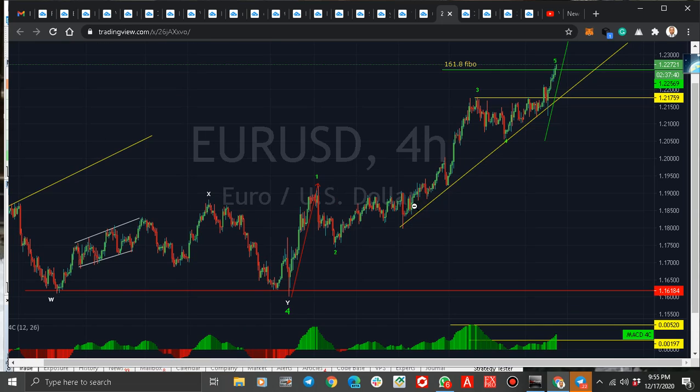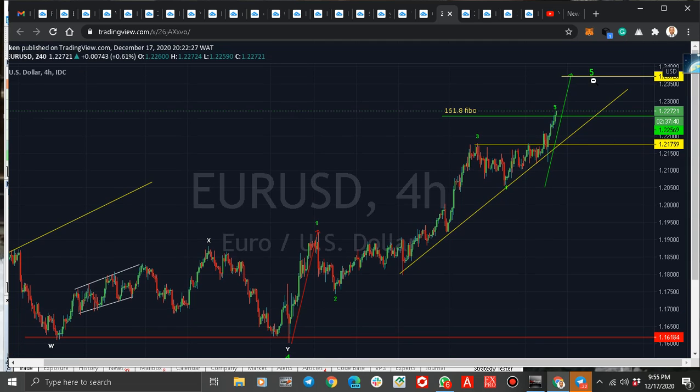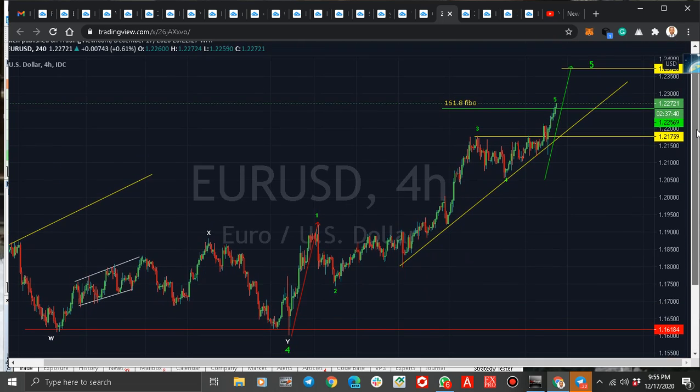On 4 hours, you can see we have had wave 5, but that's not all. We will likely come to 1.24. Euro USD will likely come to 1.24. So having touched here can be wave 3, then wave 4 will be somewhere here, and 5.